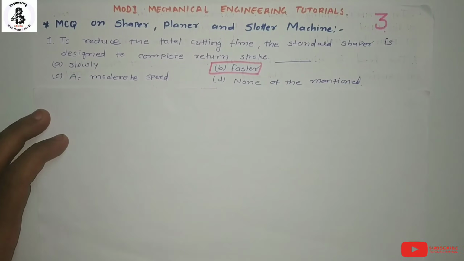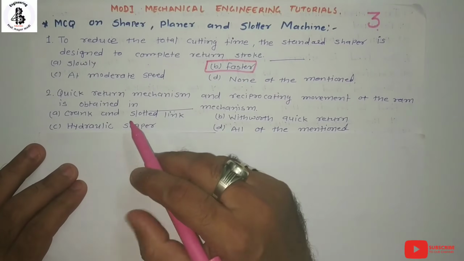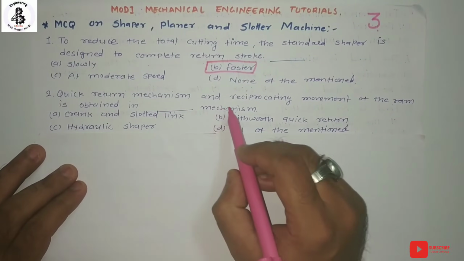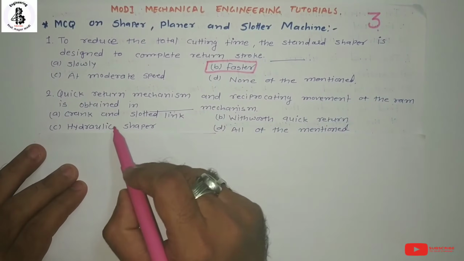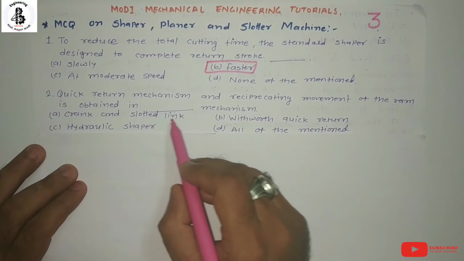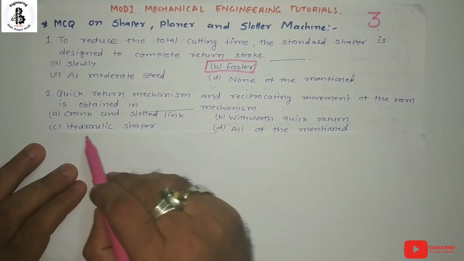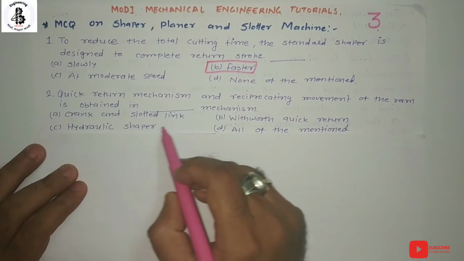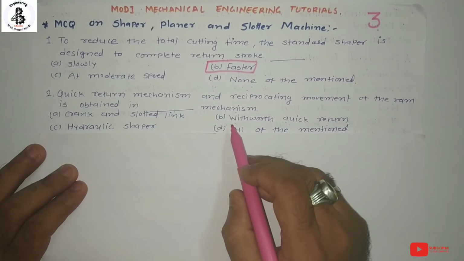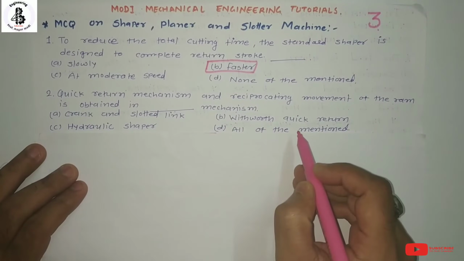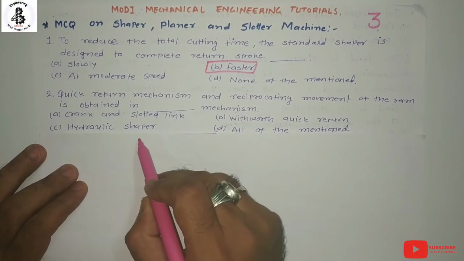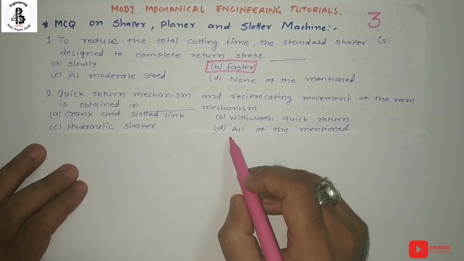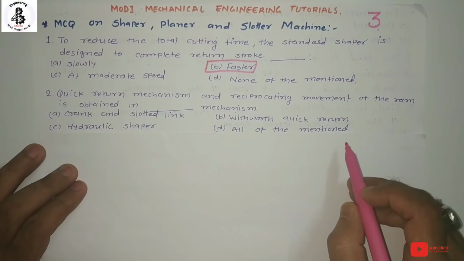Then next question. Quick return mechanism and reciprocating movement of the ram is obtained in which mechanism? Option A crank and slotted link mechanism, option B Whitworth quick return mechanism, option C hydraulic SHAPER mechanism and option D all of the mentioned.